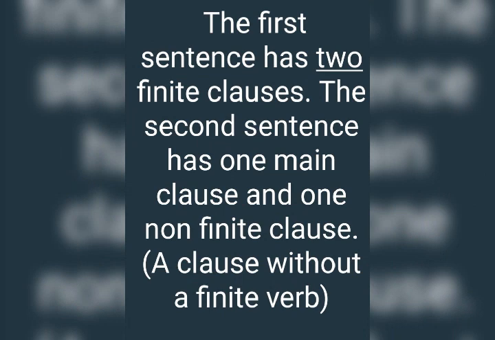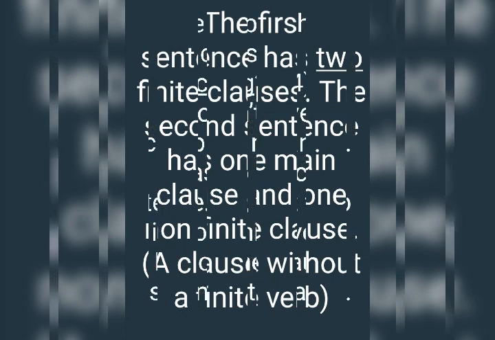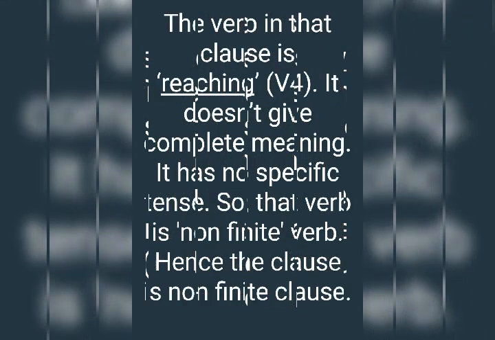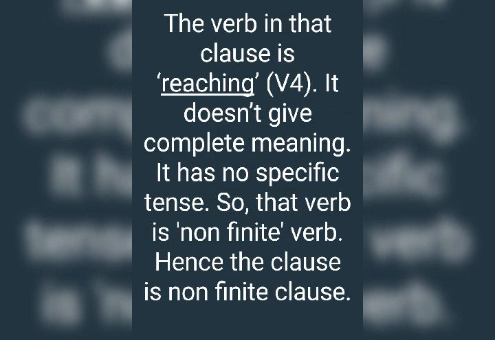For example, going, V4 form of go. Infinitive, that means to plus V1, the base or root form. For example, to go is the infinitive here. So let's discuss in detail with examples.